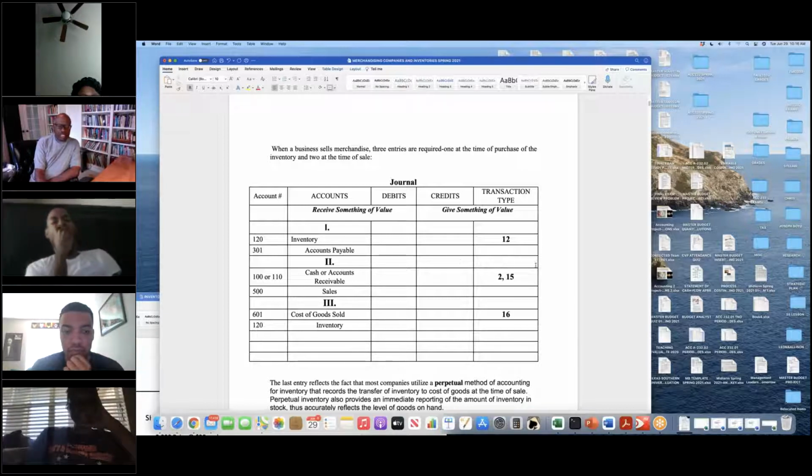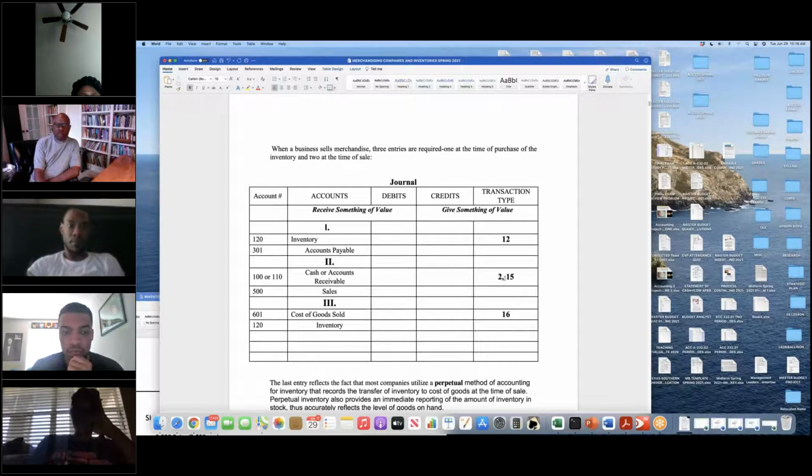Then on the sale of the inventory, there are 2 transactions. First of all, the normal sale that you're familiar with, either 2 or 15. But then there's a type 16 where we transfer the inventory purchase to cost of goods sold. And our goal is always to determine the profit.